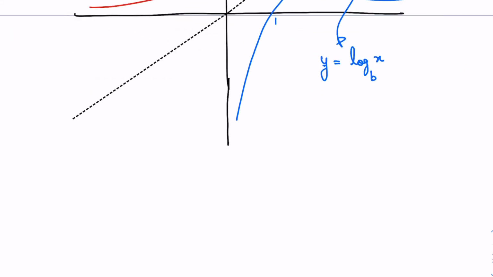Let's try to understand by taking some values. Let's talk about a simple question: what is 2 power 3? When I pose my question like this, we know the answer, it's 8. I'm interested in this output, and this format we label as exponential format.